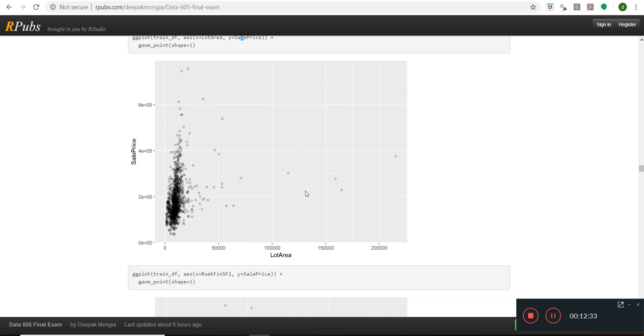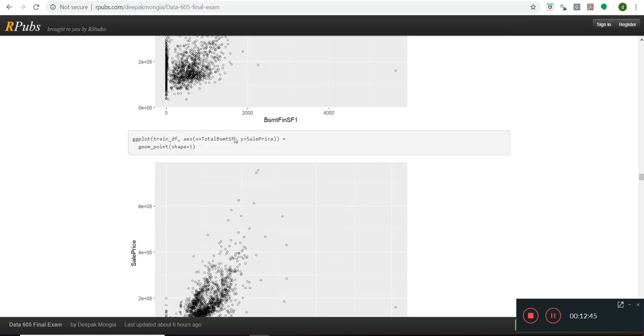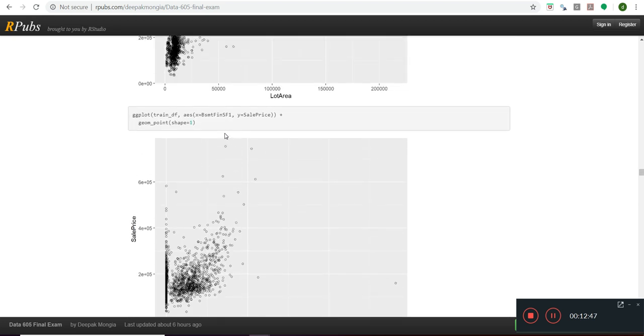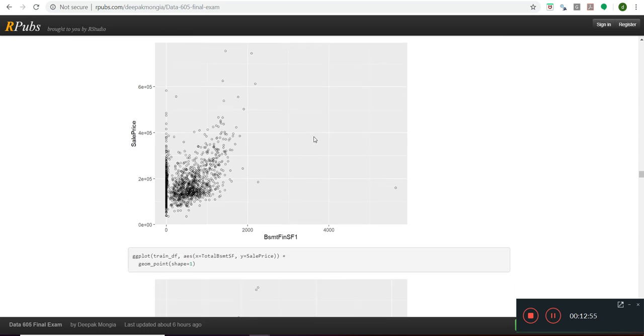These look to be quite dependent on each other. That means sale price looks to be dependent on the lot area. Of course, the slope is very huge, but still it looks like that. Moving forward, this is the scatter plot between the BSMT fin SF1 and the sale price.